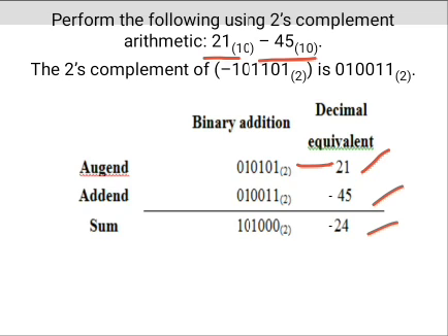The 2's complement of 45, that means 101101, is this one. This is the 2's complement. By adding these two, you'll get this binary number.